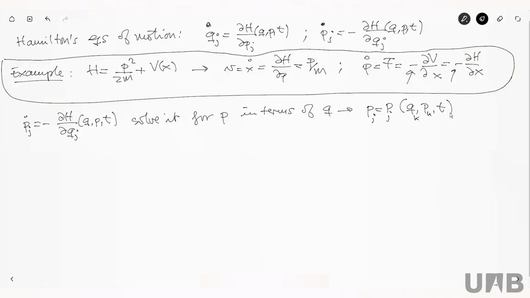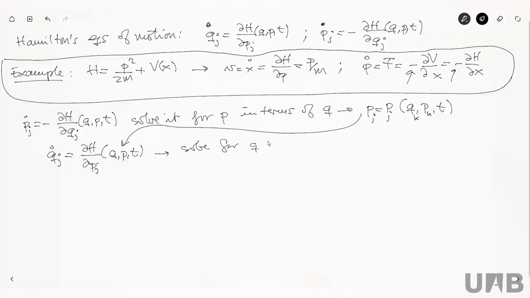And then you come to q dot j equals the partial of H with respect to pj, which is a function of q, p, and t. You put it here, and then this becomes a differential equation for the qs, and then you solve for qj of t. And this you can do for all of them. So that would be a possible strategy.